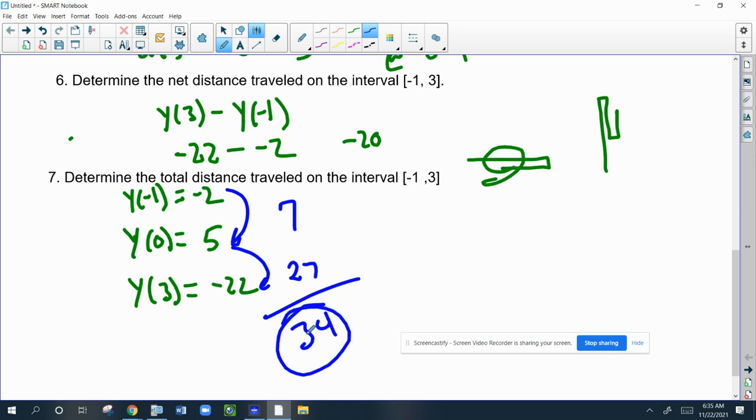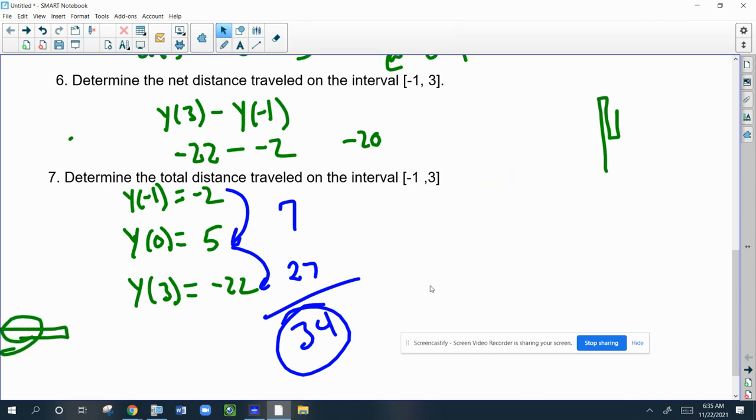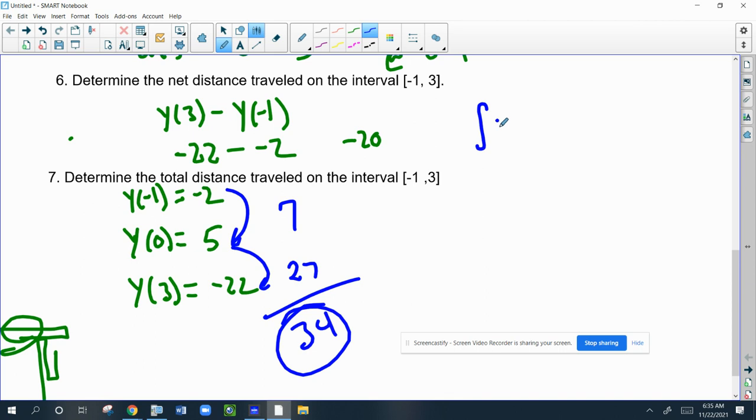So here's a quick calculator way to do this. We haven't really studied integrals, but our calculator will do them, and since it's the next thing we're going to do, I'm going to share that with you. To determine net distance, a real quick way is to just integrate the velocity from where you're starting to where you're ending, and we'll say this is dt.